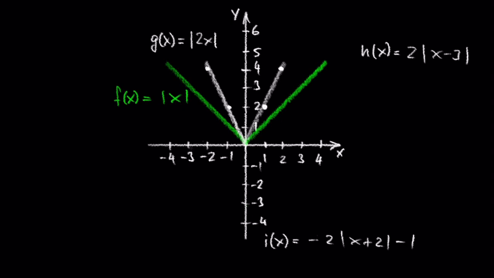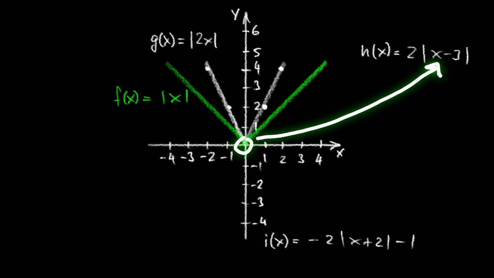How can we sketch 2 times the absolute value of x minus 3? Let's plug in some x values to see what y values we get. 0 minus 3 is negative 3, and the absolute value of negative 3 is 3. 2 times 3 is 6.